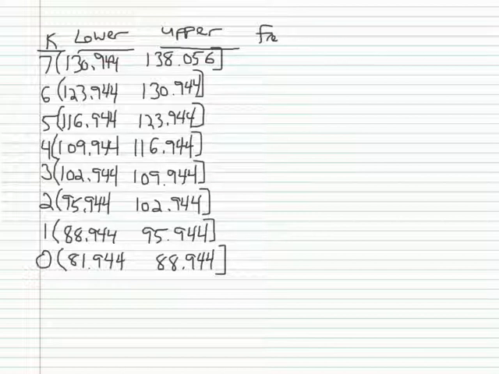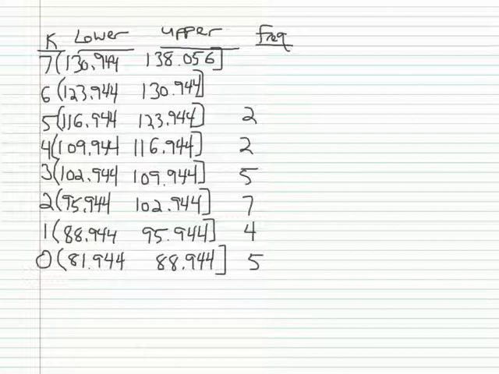So that's supposed to say freq. And if I do that, then what I end up with, I have 5 values in that first interval, 4 in the next interval, and 7, 5, 2, 2, 1, and 4.